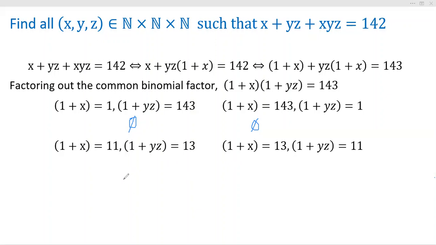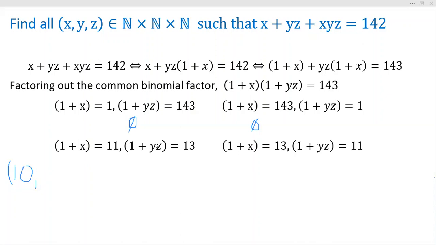Now, the very next one's a little more interesting. Notice that right here, for this to be true, x would have to be 10. For this very first condition to be true, we're just equating factors with the factors or divisors of 143. So we know that 10 for the x coordinate will create 11 right here, right? Now we can do this by inspection, hopefully.